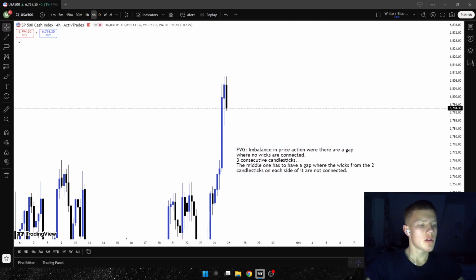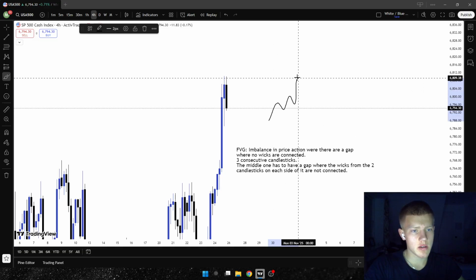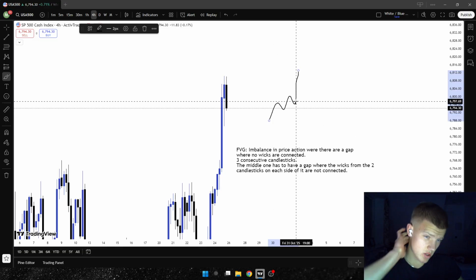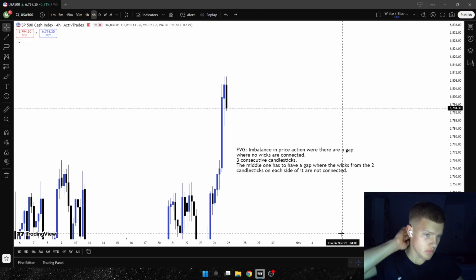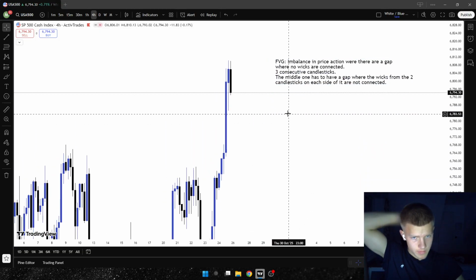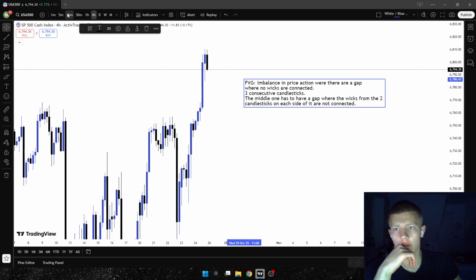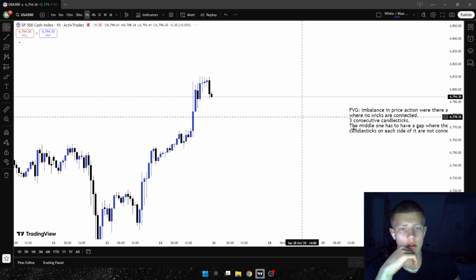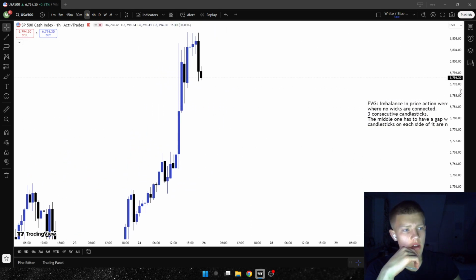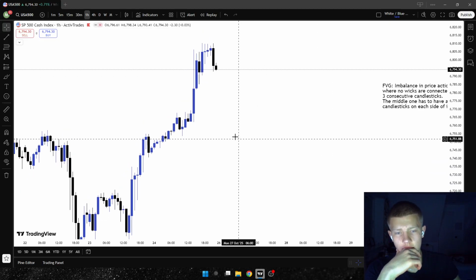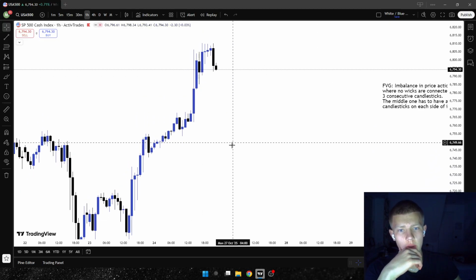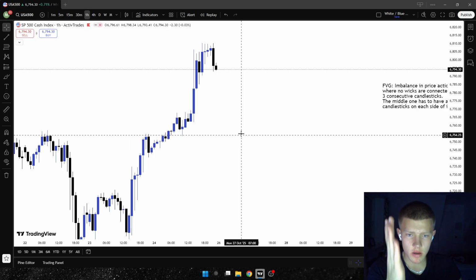Super. So first I'm gonna draw this. Which is, no, I'm actually not going to do that because that's going to be impossible to show. But I will just try real quick and show you guys what a fair value gap is. So we need to have 3 consecutive candlesticks, and there has to be a gap in the middle one where the wicks on each side of that middle one are not connected.